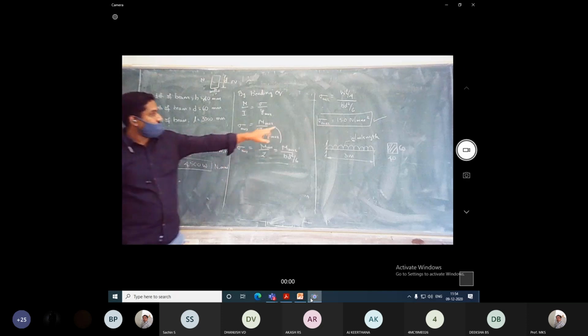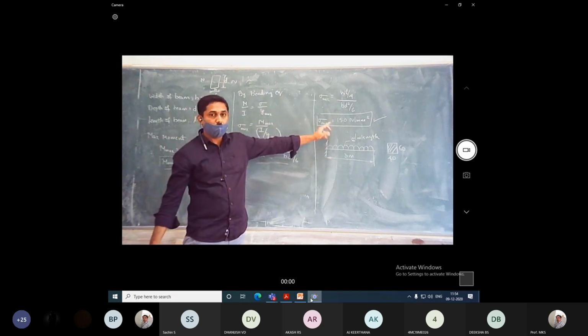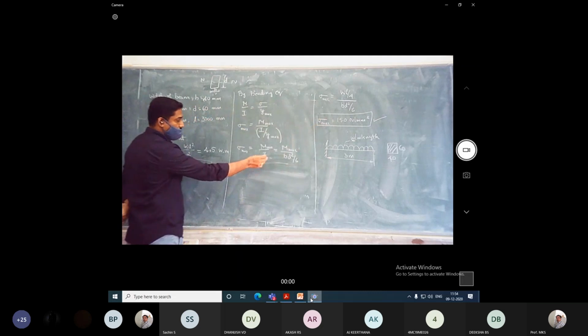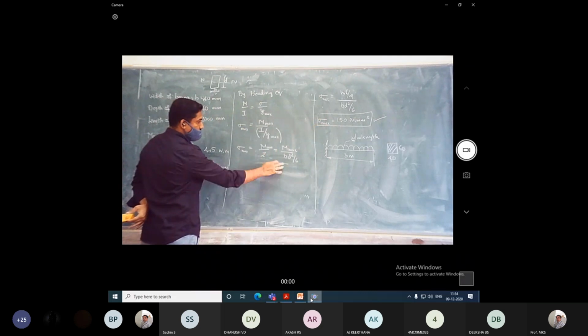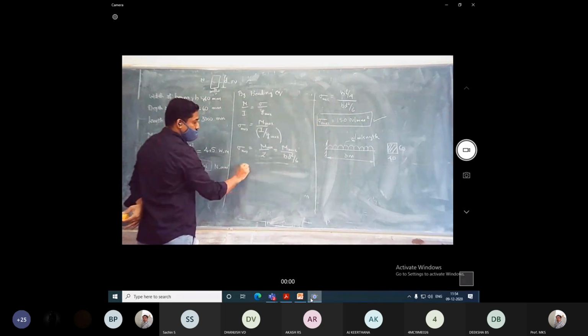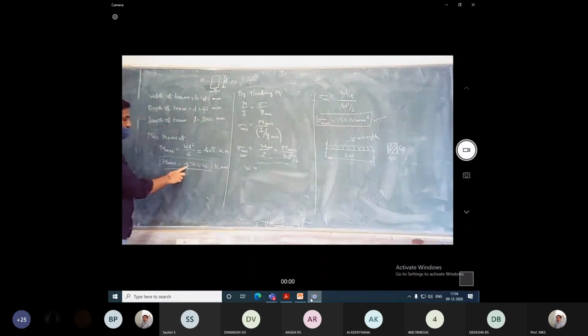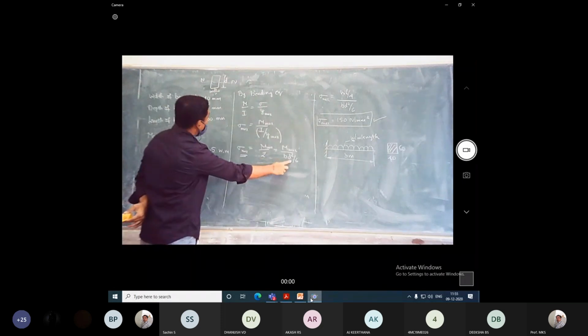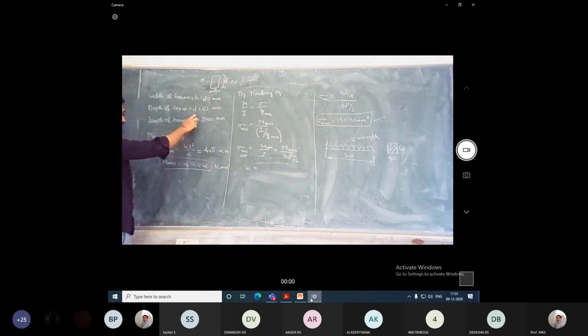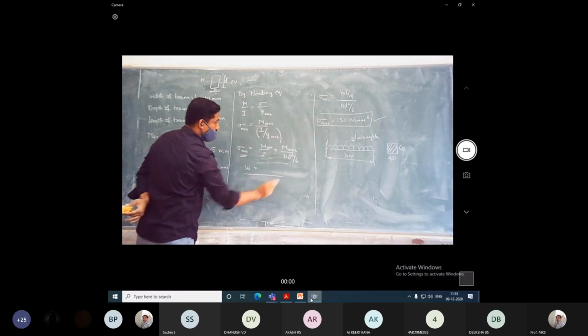So what is sigma maximum? We already found this from the previous part. It is the same, 150. Now I need to find W. Sigma maximum is known, 150. M maximum is 4500 W. b and d are given. Find out W.